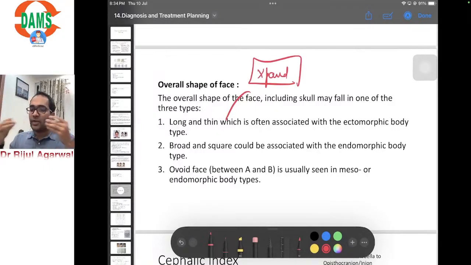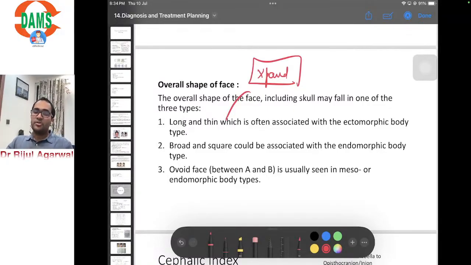The face will become broad and it will ultimately lead to relapse of the case, because there is an imbalance between the soft tissue profile and the dental tissue. That's why in the first slide I said you have to look at the soft tissue profile or soft tissue balance first and then compare it with the dental hard tissue.